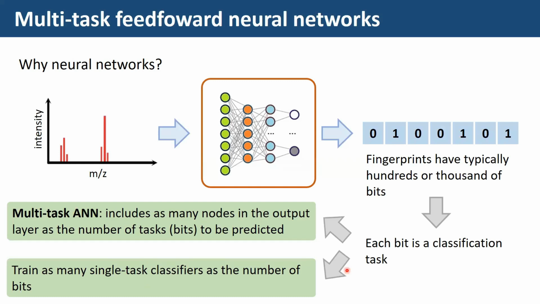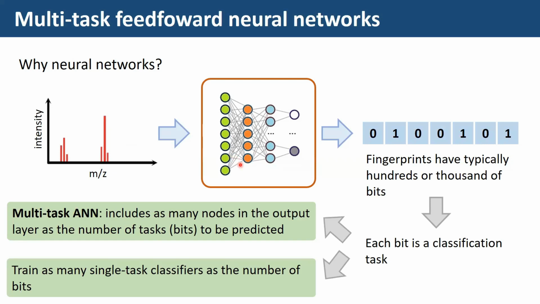Then we had to choose a way to get this relationship. So we had to choose an approach to be able to predict fingerprints starting from mass spectra. Here you have two options.